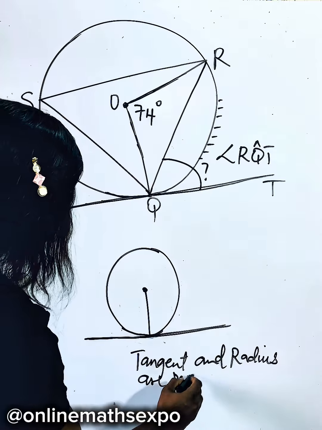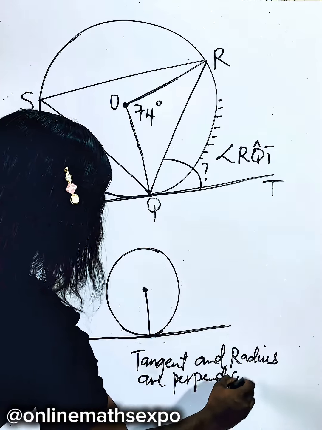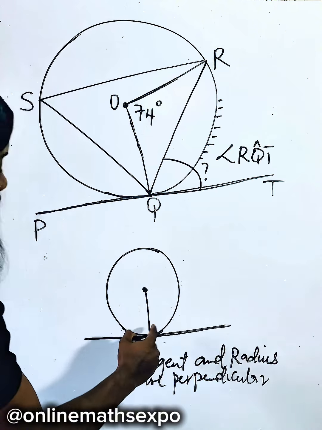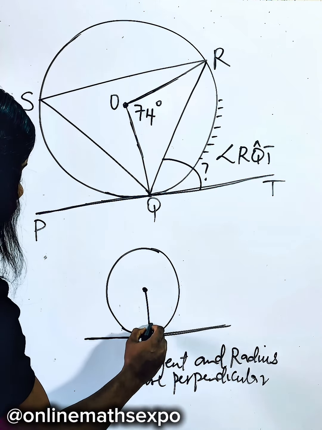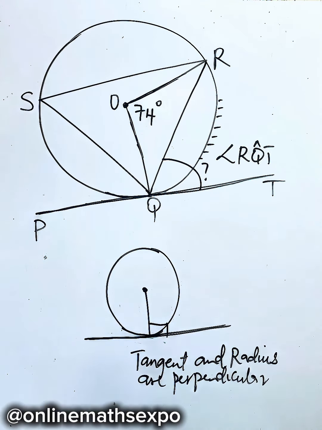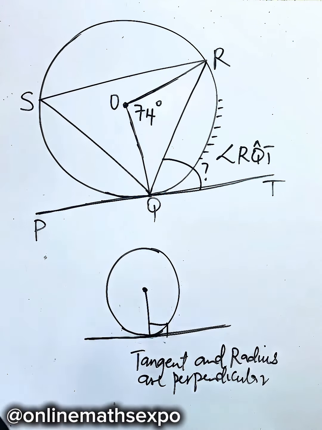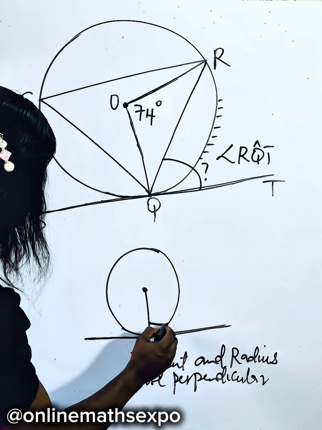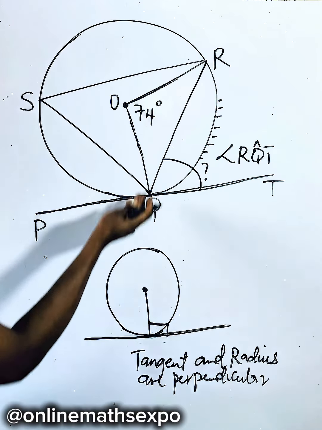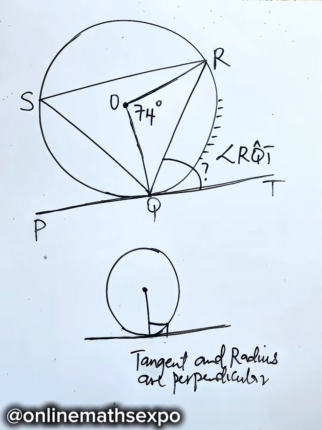And what does it mean by perpendicular? They form angle 90. They form a perpendicular angle at this point of intersection. So where the tangent and the radius come in contact, they form angle 90. So there is angle 90 formed here. Now, if you go to this diagram, what can you observe?